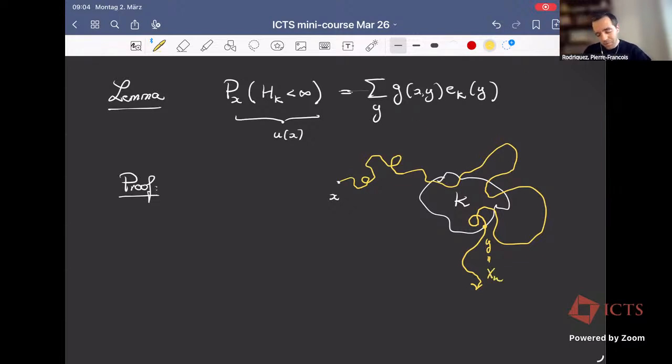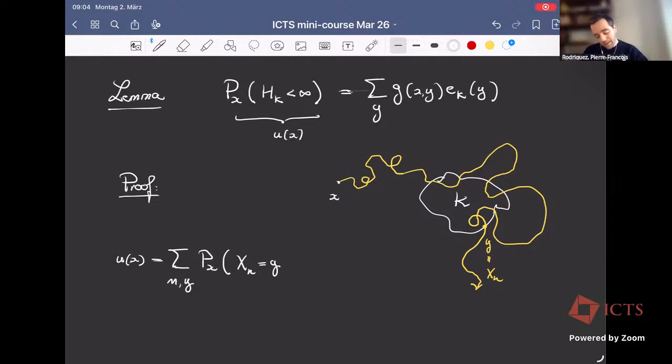Okay, so if you put this picture into a formula, then you can decompose u of x. So you must hit K, so there has to be such an n, and there has to be such a y. So probability starting at x, at time n you want to be in y. Before then, you can do whatever you want.